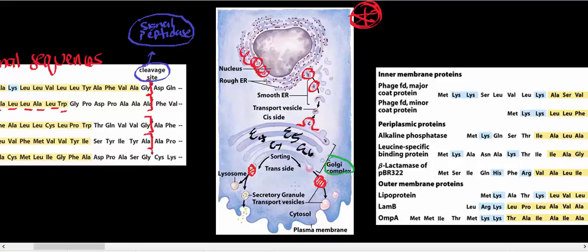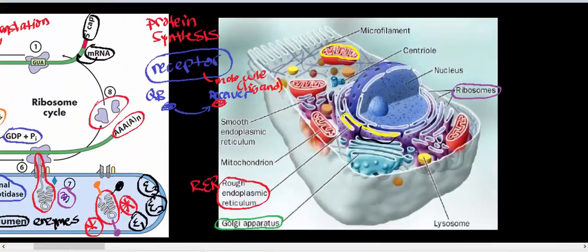So here is a critical point to understand. When the ribosome is free in the cytosol, in other words, if I had ribosomes out here somewhere that aren't bound to the rough ER, they still make proteins, but generally those proteins made by cytosolic ribosomes are destined to be in the nucleus or free in the cytosol.